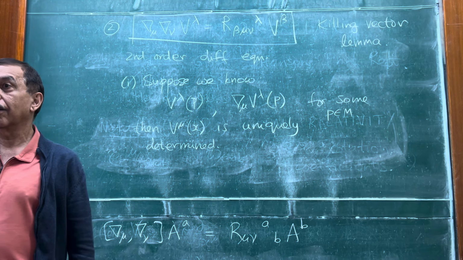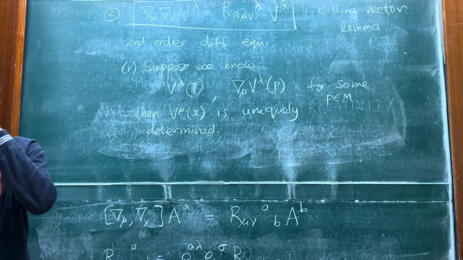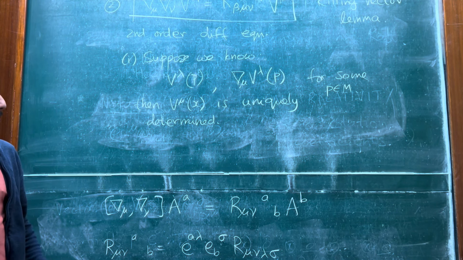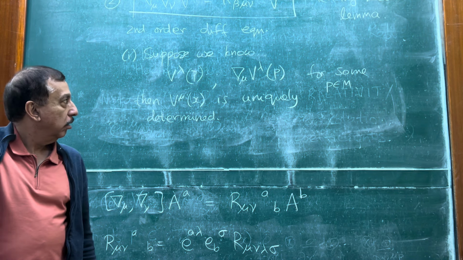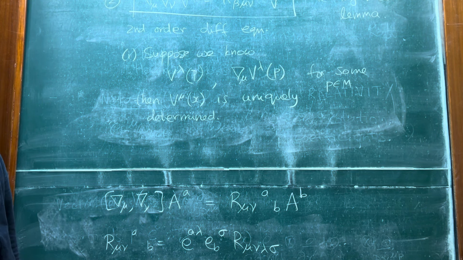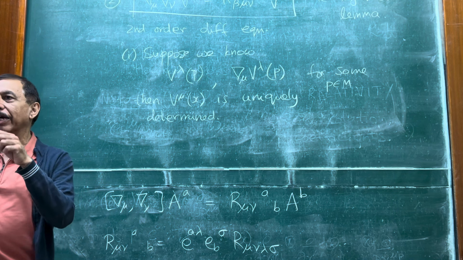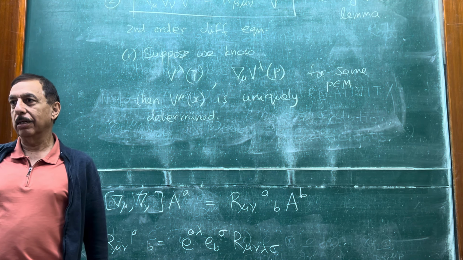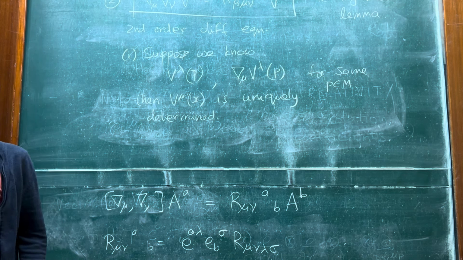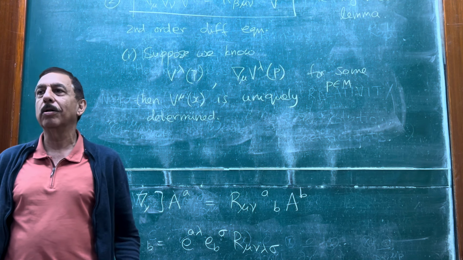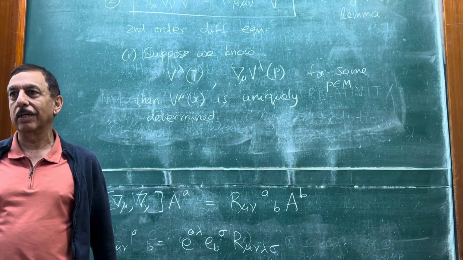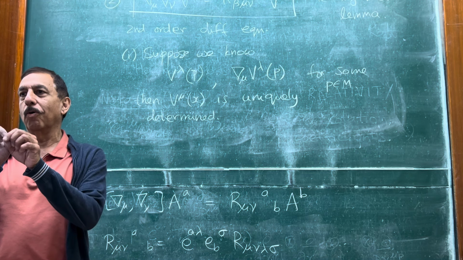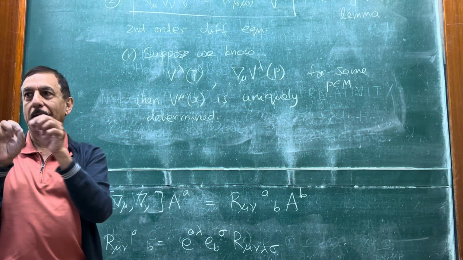How can we get the whole manifold from a single point? We don't get the whole manifold, we just get the vector field. We solve for V. It's a particular vector field, it's a line in the manifold. It's a Killing vector. So if you want to imagine how a computer integrates a differential equation, it says, okay, I know what V and the gradient of V are at this point.